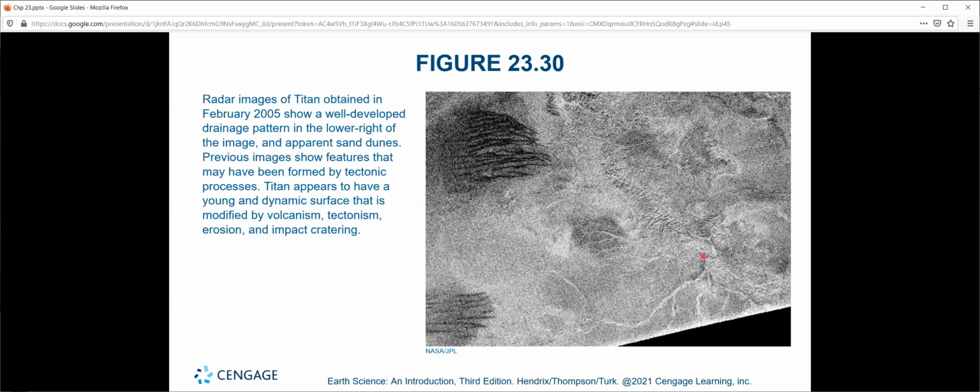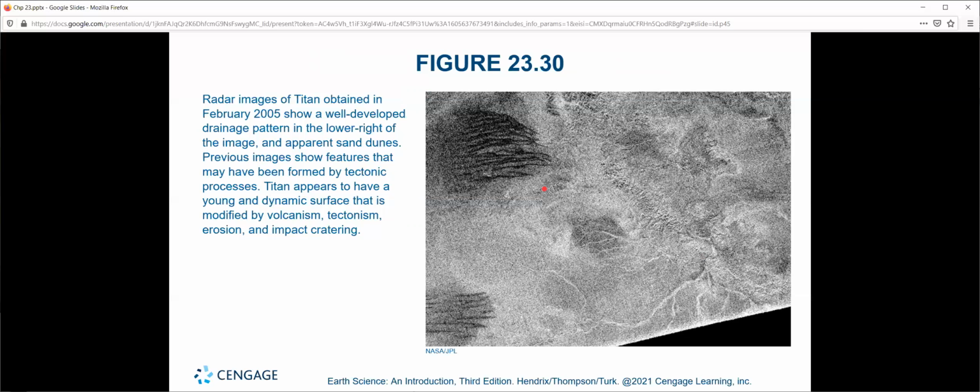Here are some radar images of Titan obtained in February 2015 that show a well-developed drainage pattern. Well-developed, not destroyed like on Mars, but instead well-developed, and apparent sand dunes shown up here. Previous images show features that may have been formed by tectonic processes.